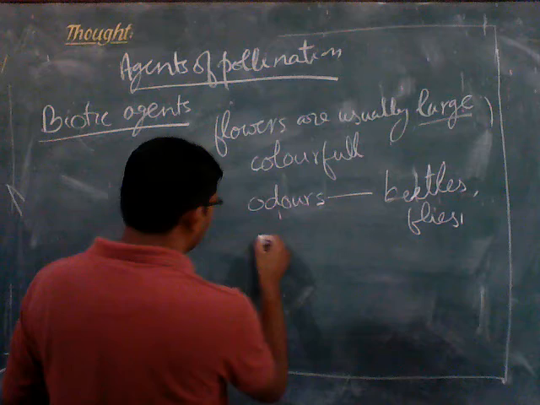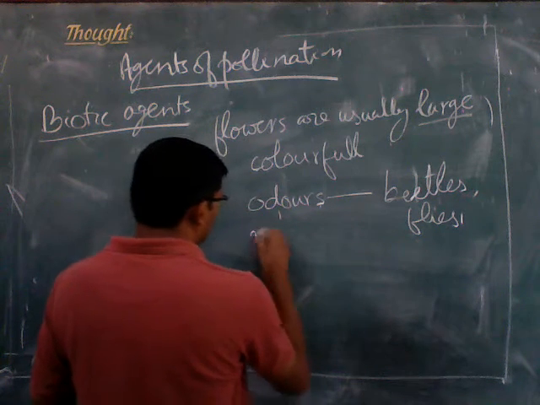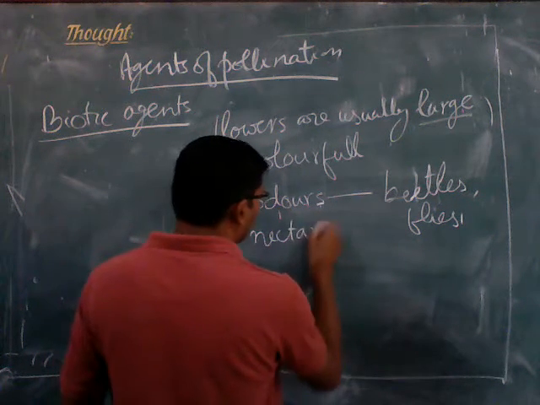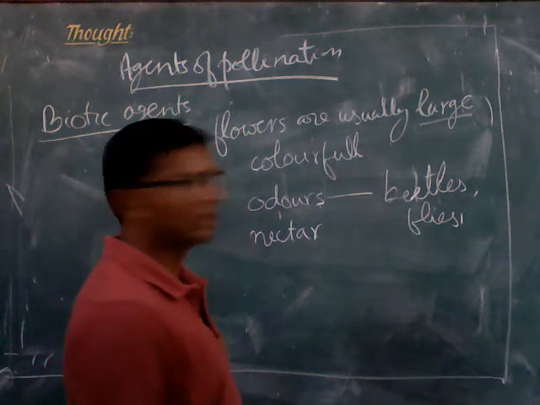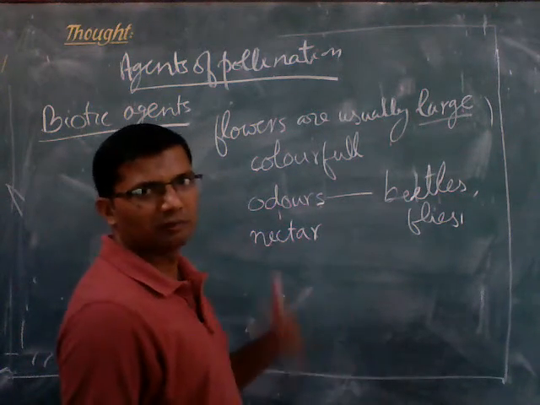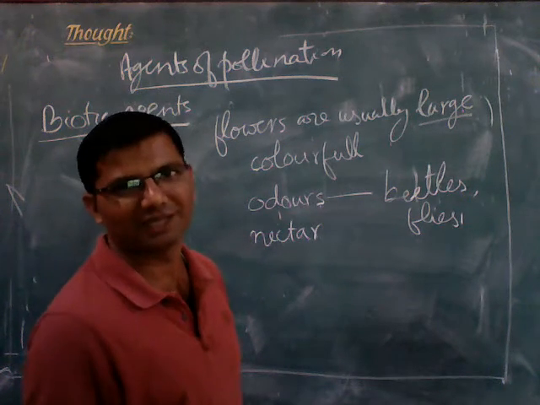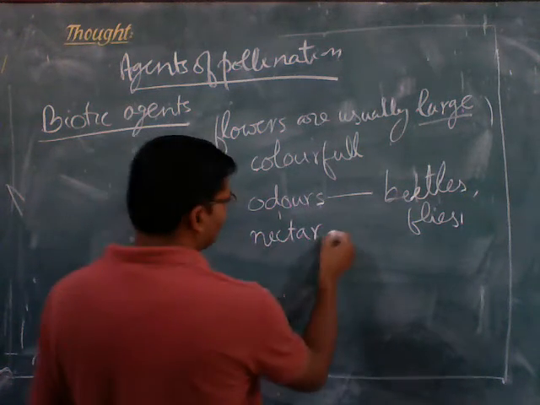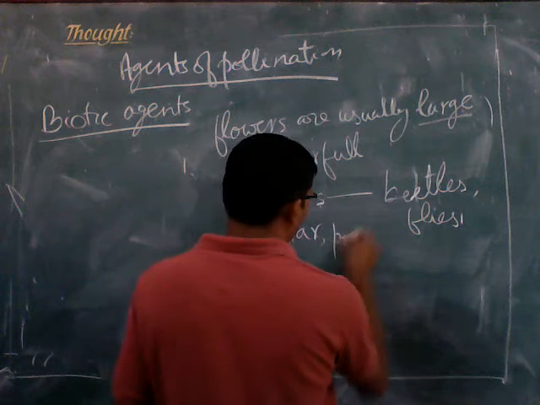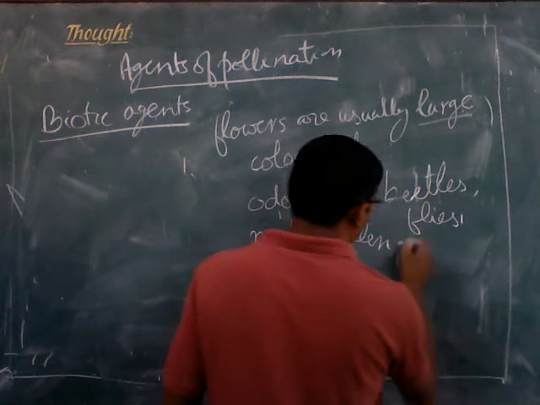So then in addition to that, certain nectar is also produced by certain flowers, and this nectar is fed upon by these visiting guests, right? So this nectar can serve as food and even help pollinate.